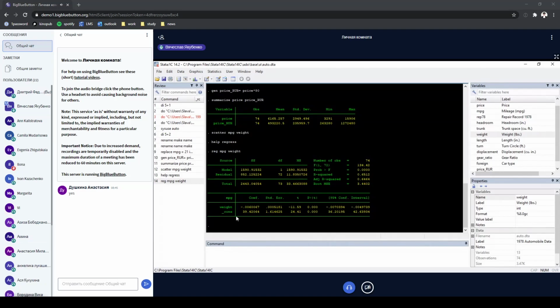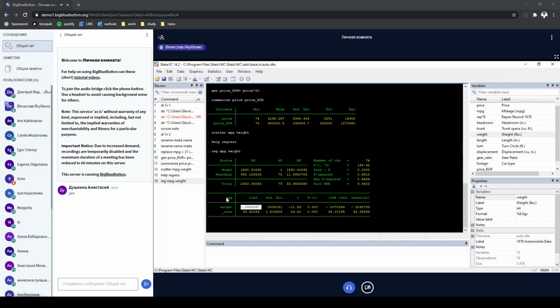Null, from nil, from zero, tells us that the coefficient, this beta hat, is not statistically different from zero. So the null hypothesis means that our coefficient is equal to zero, so we have no relationship between, in this case, weight and MPG. This is always the null, which we test.